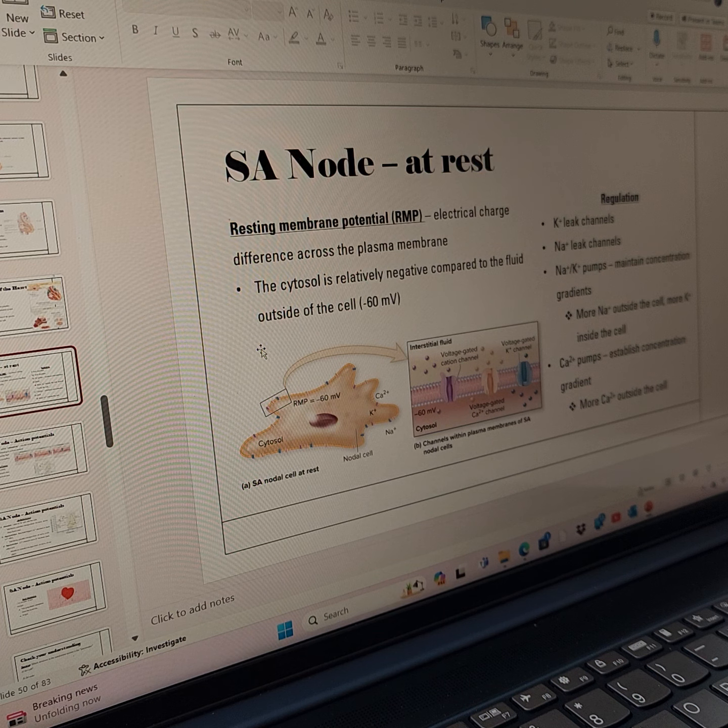And then the calcium, they establish the concentration gradient. It starts getting into action potentials. So pacemaker potential, the depolarization, repolarization, and the thresholds.